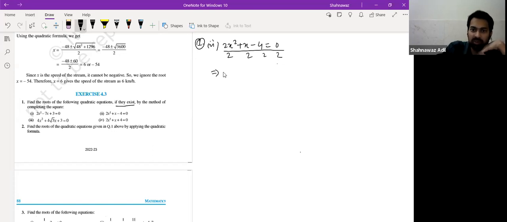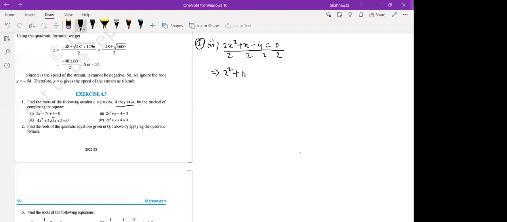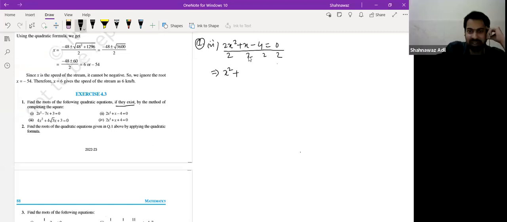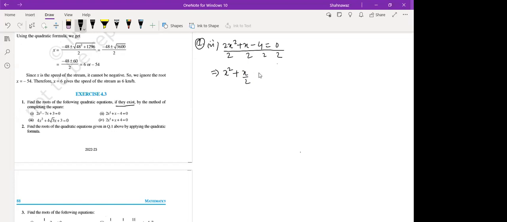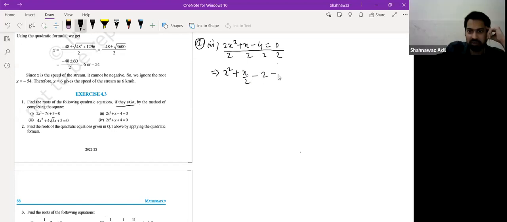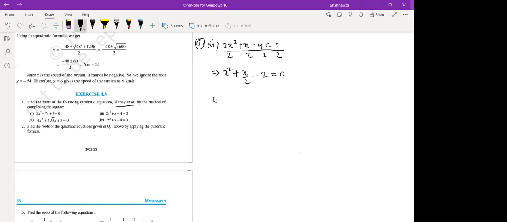So this becomes x square, and this becomes x by 2, and this is 4 by 2, which is 2. This is 0.